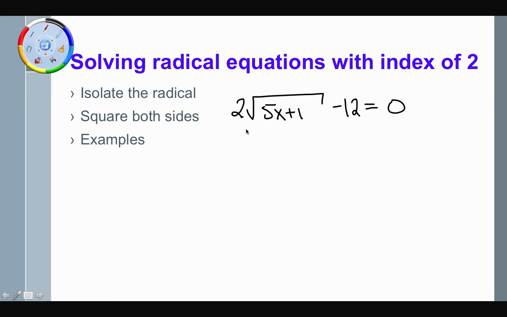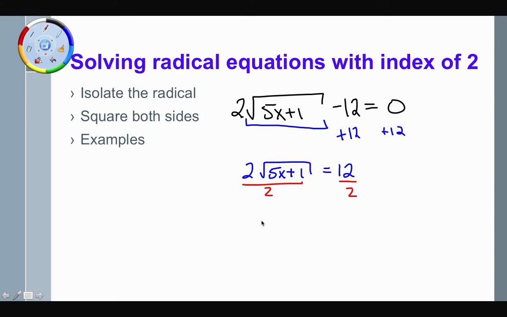All right, so we need to isolate the radical, which means we need to get rid of everything on the outside. Everything on the outside of this radical is that minus 12 and the multiplying by 2. So we have to add first. We're going to add 12, and we get 2 times the root of 5x plus 1 equal to positive 12. We are then going to divide by 2 on both sides, so we get the root of 5x plus 1 is equal to 6.